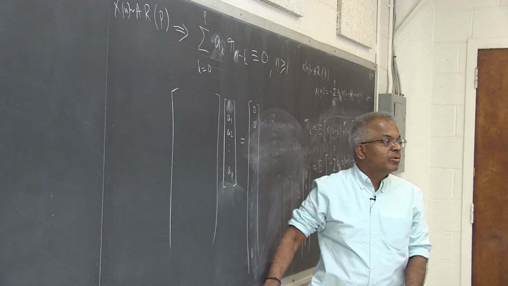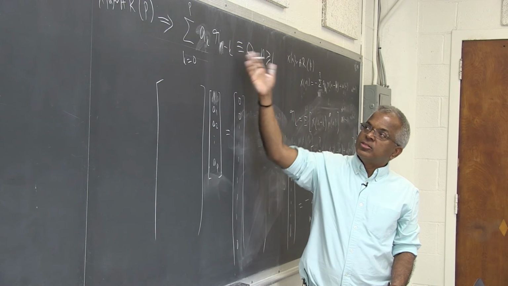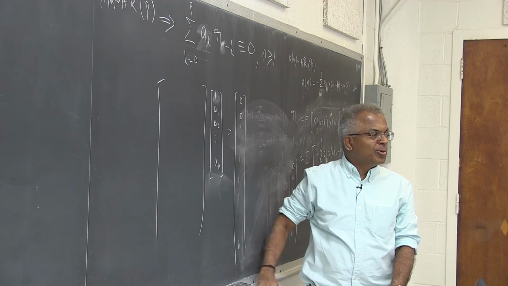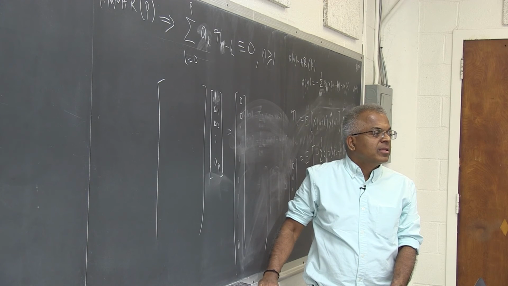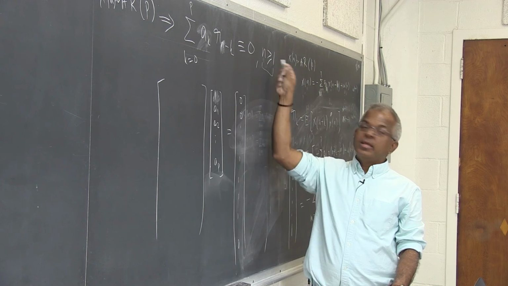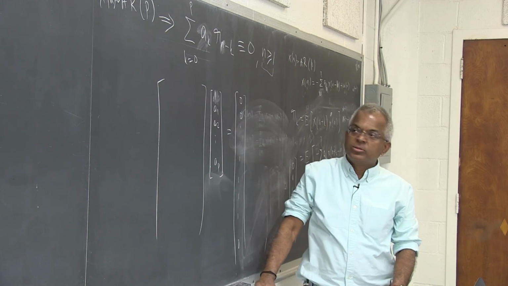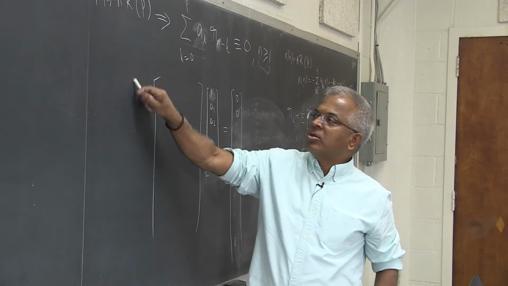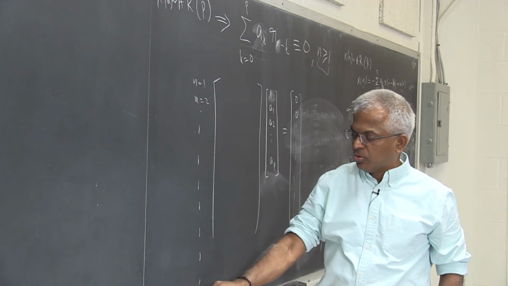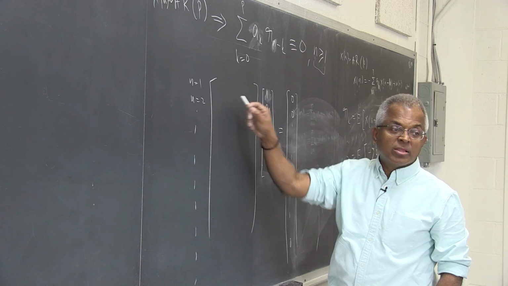So this is true for all values of n. How many n's are there? The n greater than or equal to 1. That could be infinite. Why is there so much doubt? Look, n greater than or equal to 1 means n could be 2, 3, etc. So let's draw the equation for n equal to 1, n equal to 2, etc. There is no end. So what are the numbers coming here?